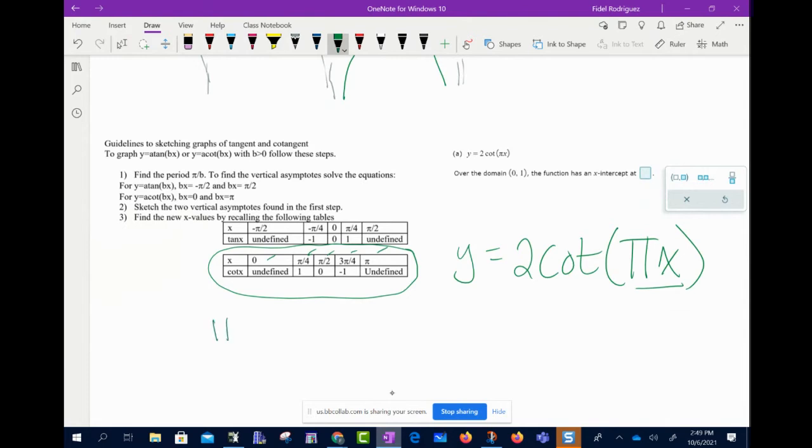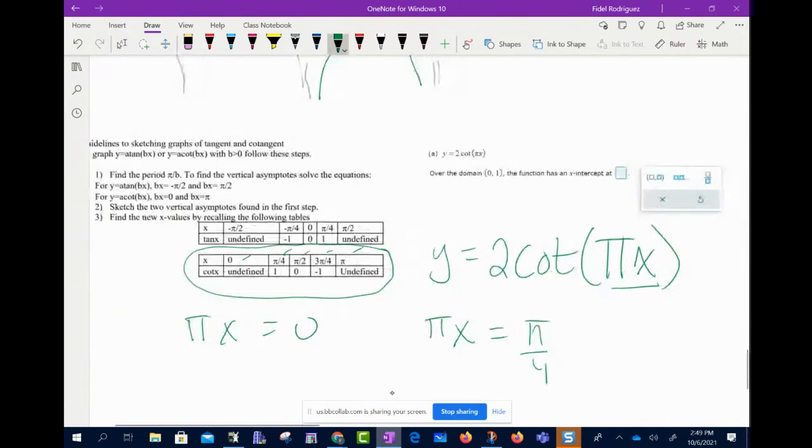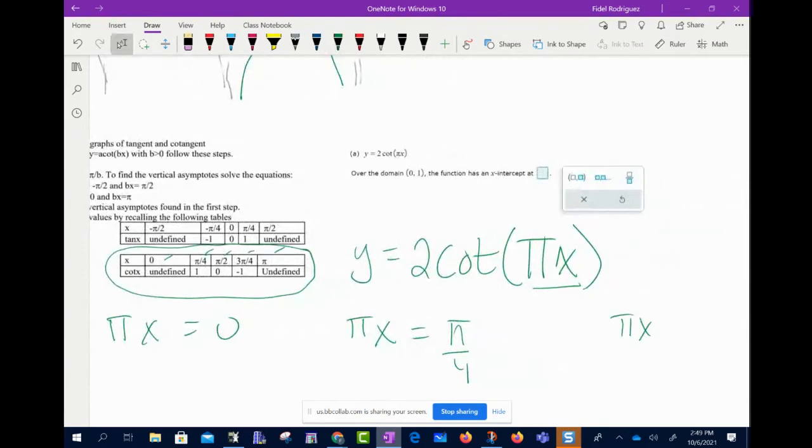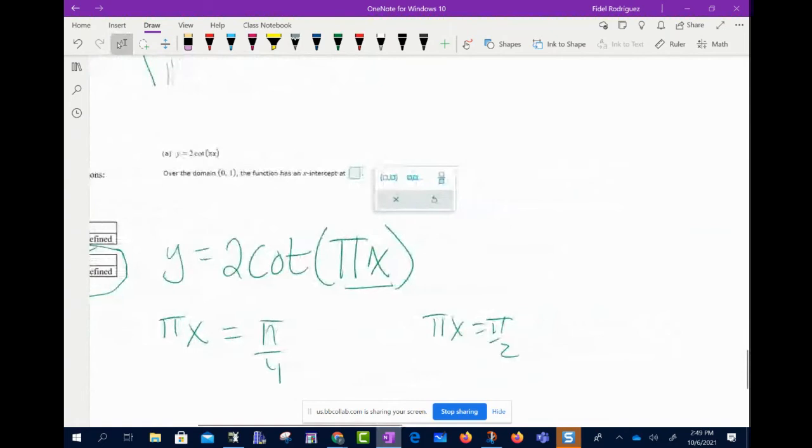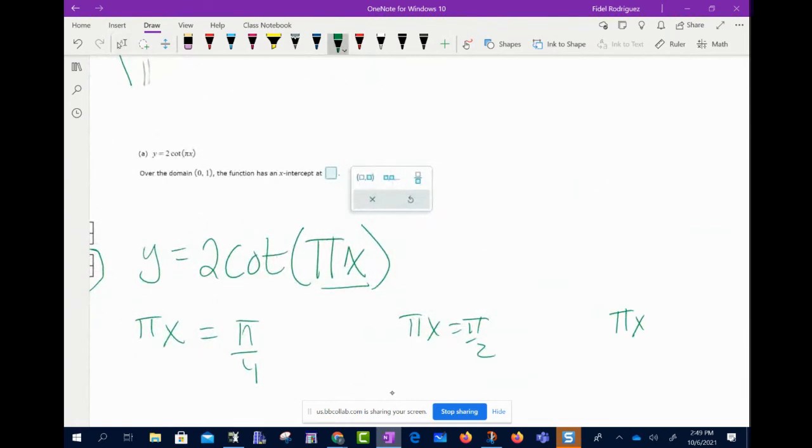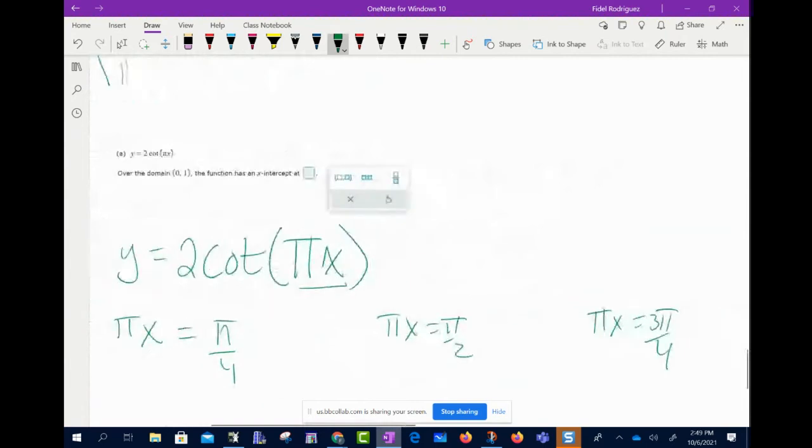So let's go like this. Pi x equals 0. Pi x equals pi over 4. Pi x equals what? Pi over 2. Three pi over 4. And what was the last one? Pi.